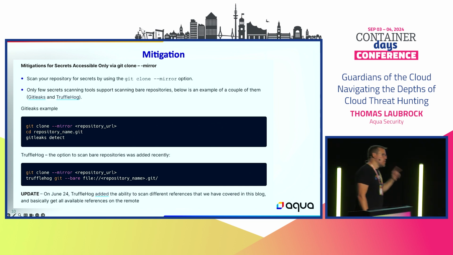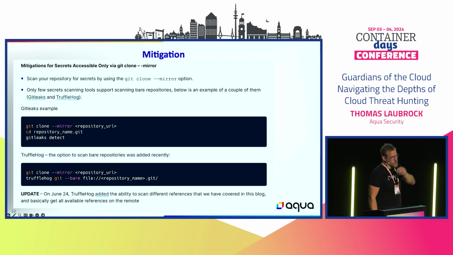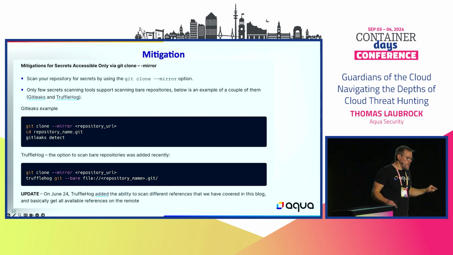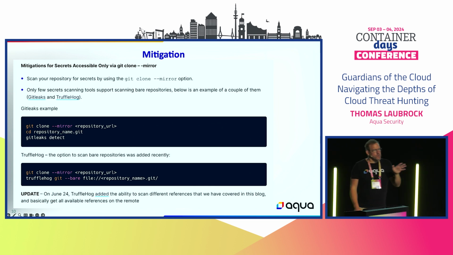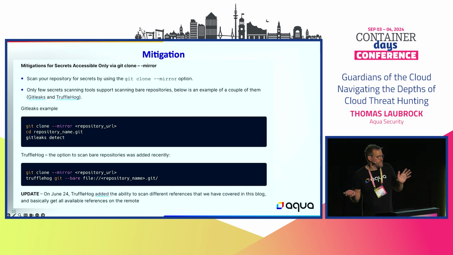Both tools don't check out with the --mirror option if you simply give a repository name. So you need to really download the repository to your own system, and then you can run this command, and you get aware of secrets in these orphaned commits, right?